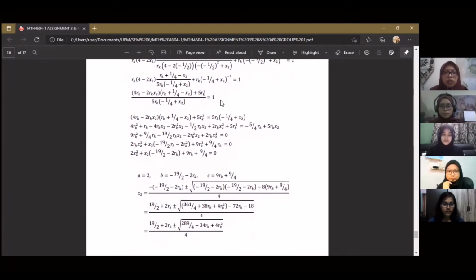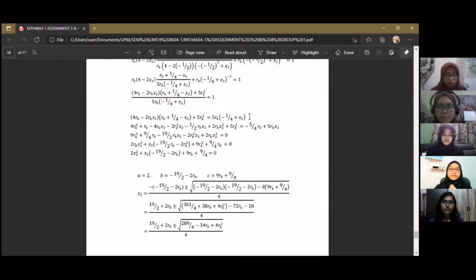From the equation that we get, the denominator we bring to the right hand side. So we get the solution as follows: 4RK minus 2RK x2, RK plus 1 over 4 minus x2, plus 5RK square, which equals the previous denominator 5RK minus 1 over 4 plus x2.